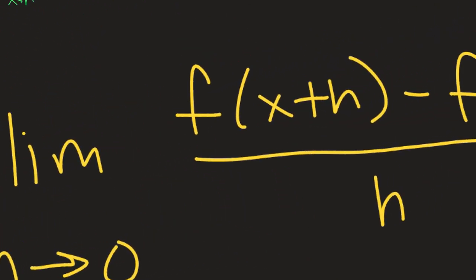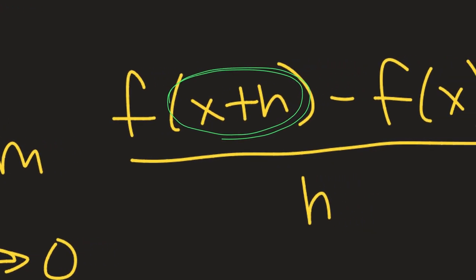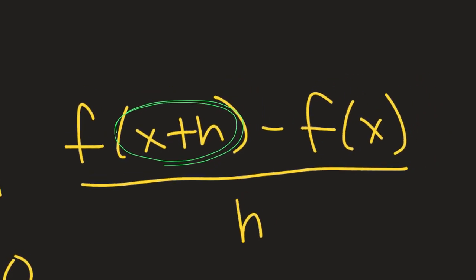That's what this part means. We are evaluating our function at smaller and smaller and smaller intervals. So basically we're having f of x minus f of x, which is going to be 0, of course, and the bottom is 0, which is our limit definition here.